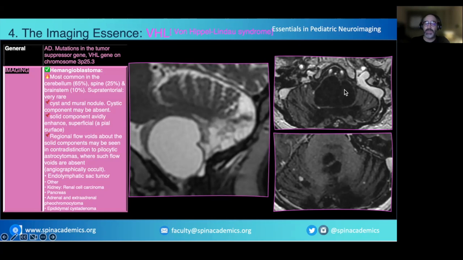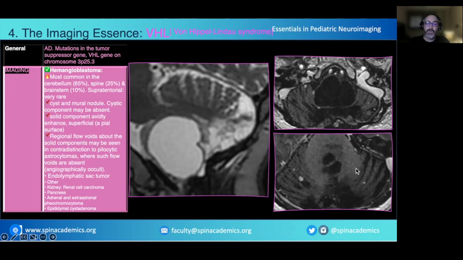And hemangioblastoma has a very characteristic issue in that it seems like a pilocytic astrocytoma, and you could say, okay, that could be a pilocytic astrocytoma. But remember two things. These patients usually have more than one lesion. Could also have one lesion, but in this case, more lesions.